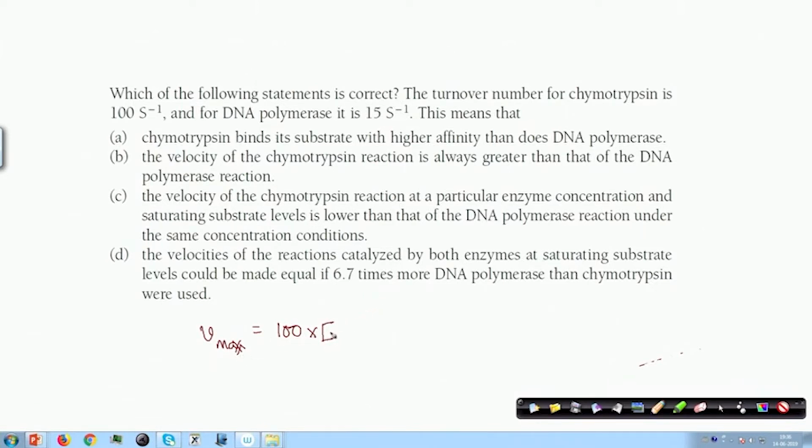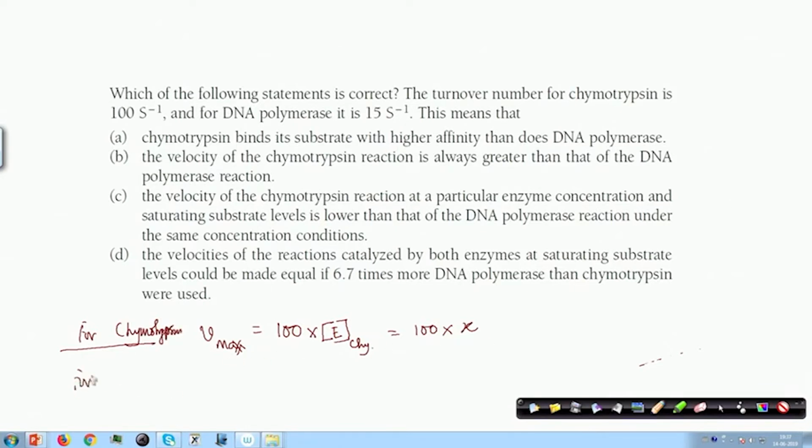Vmax is related to K2 into total enzyme concentration, and suppose this is your chymotrypsin, and suppose I call it X. X is the molarity of the enzyme, X amount of enzyme you are using. So, this is Vmax for chymotrypsin. So, that is the Vmax.